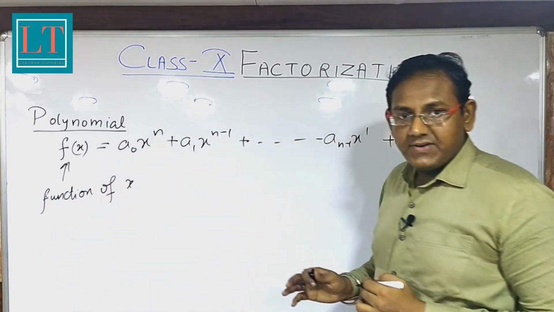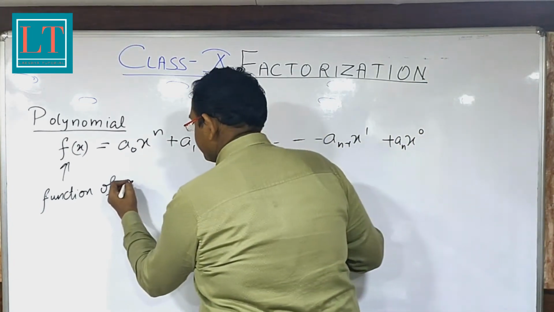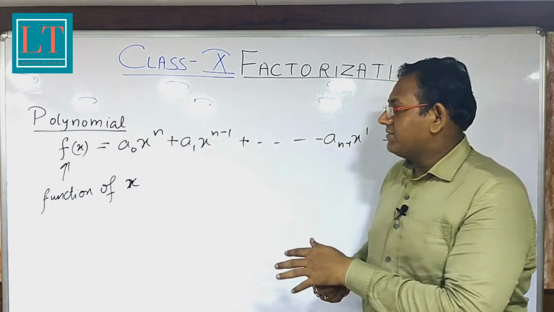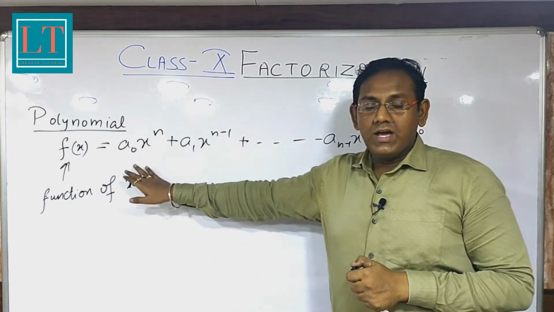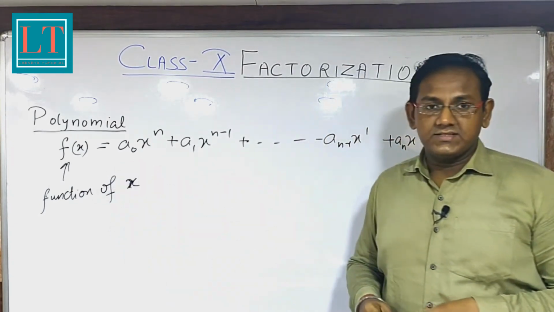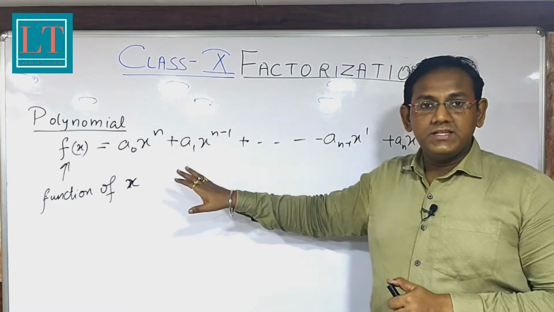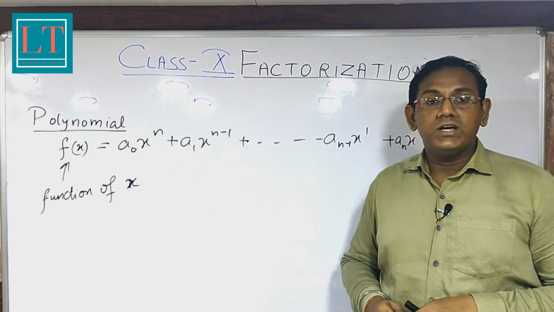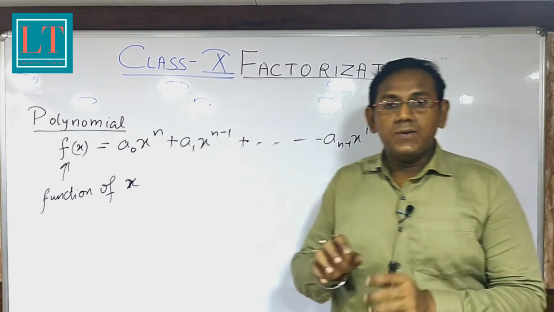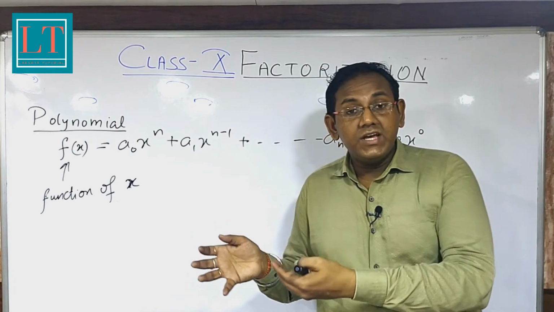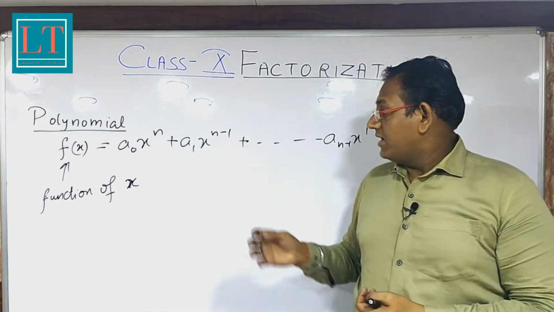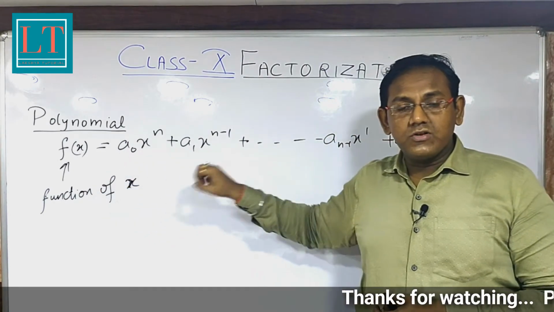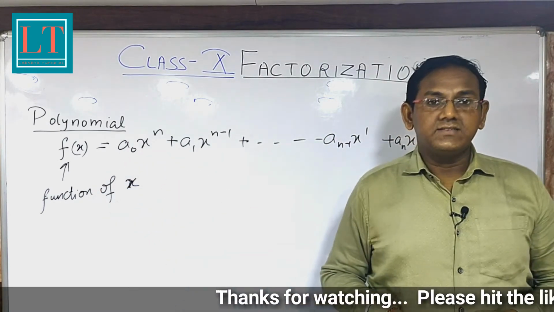What a function of x is, is present in the class 11 syllabus, but let us understand a small part of why we say this as a function of x. Function of x basically means that any expression given to you, we consider that to be a function, because we are putting in a value of x and getting some result from there. That is why we say function of x.